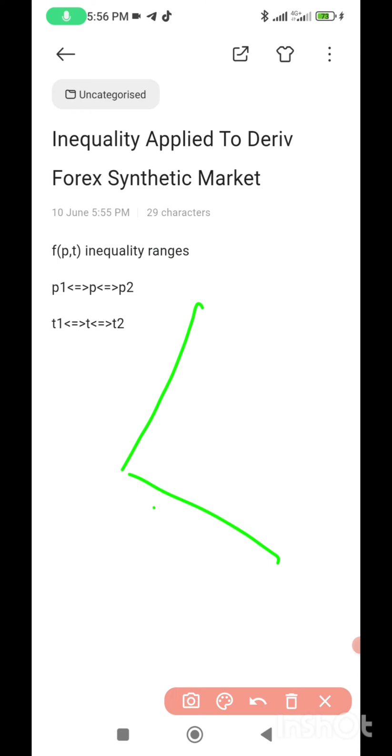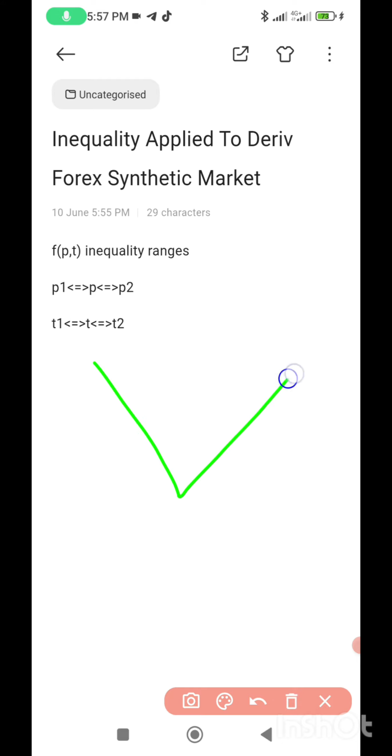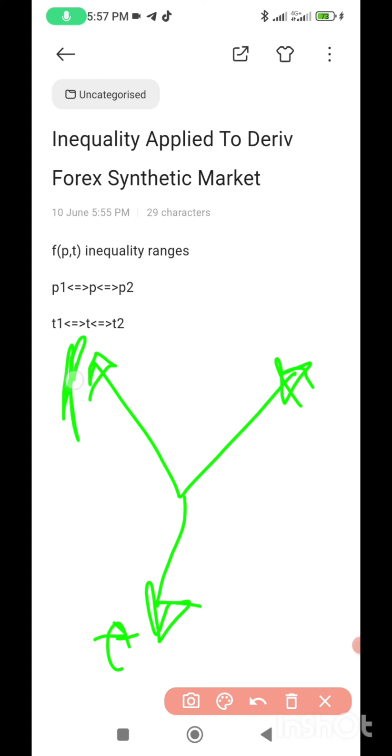This is the error axis. The error axis controls the market and determines if you make profit or not. Then this is the price axis, and this is the time axis.